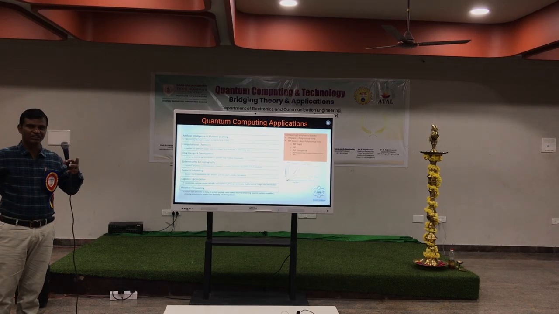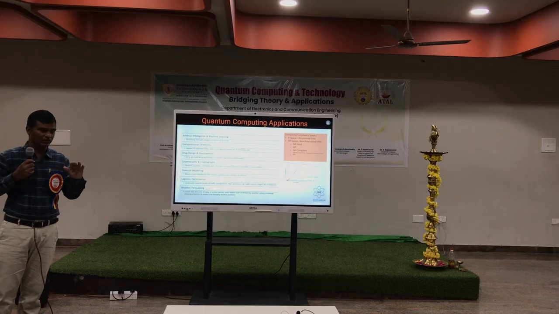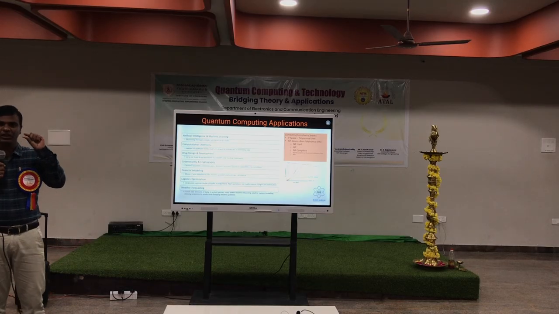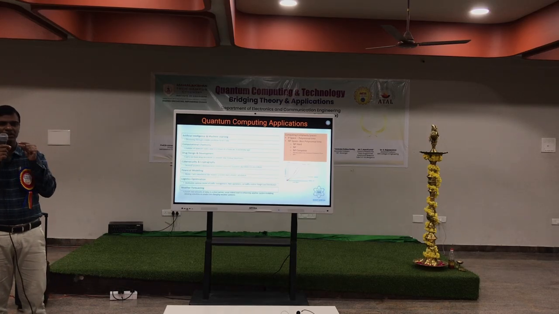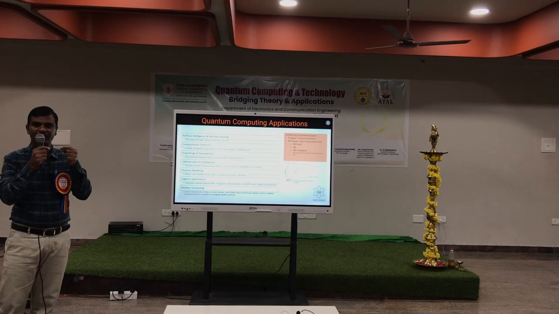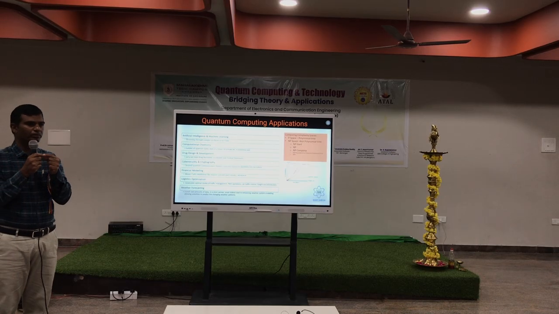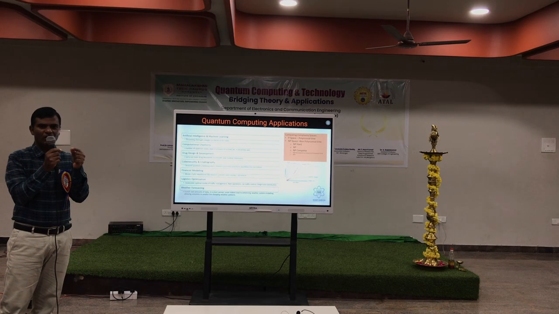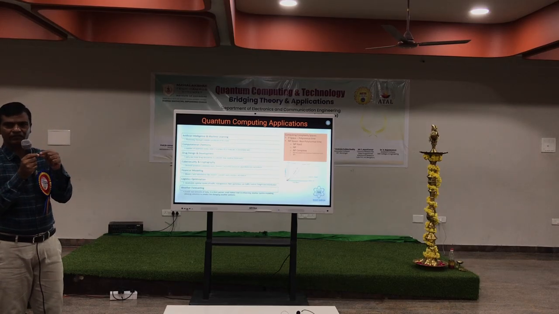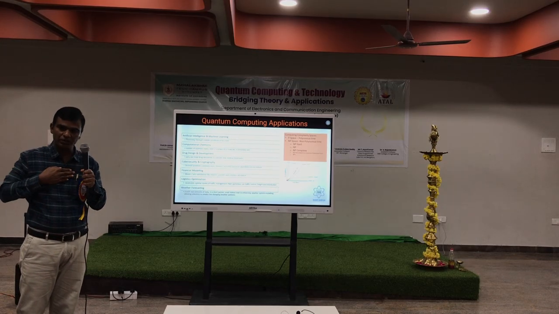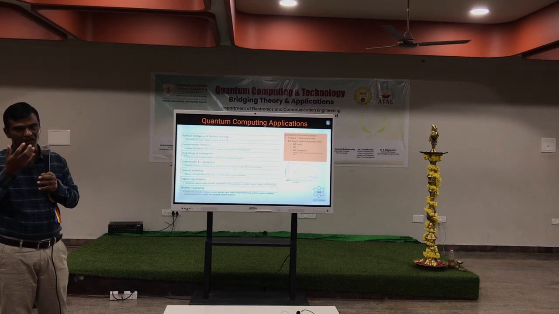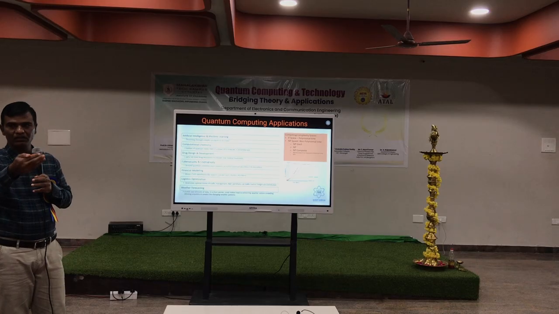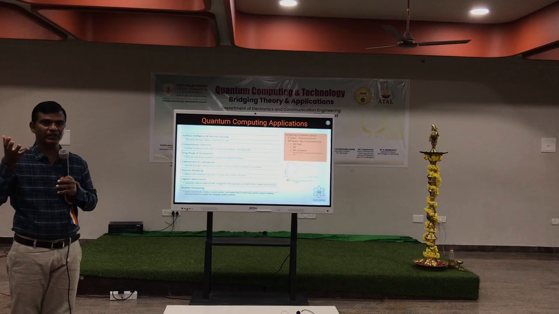Entanglement is this: in subatomic particles, suppose two particles interact with each other. They exchange their properties. They keep their own properties, and apart from that they extract all the properties of the second particle, so they have increased their properties.